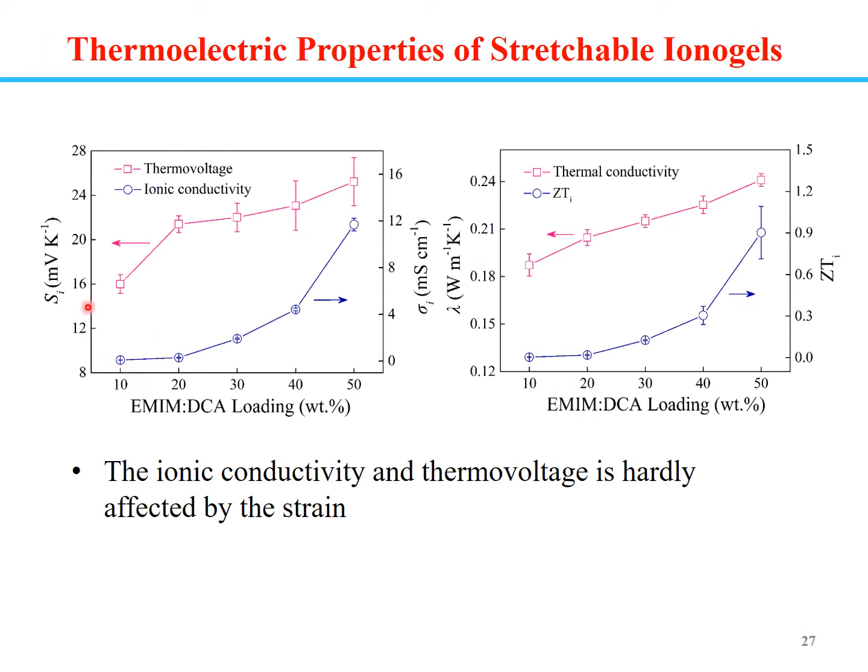This is the dependence of the Seebeck coefficient, the thermal voltage, and the ionic conductivity on the ionic liquid loading. The thermal conductivity does not change too much with the ionic liquid loading. So at 50% ionic liquid loading, the ZT value could be higher than 1.